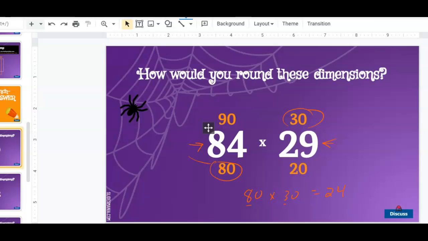This is just another shortcut for you to remember when you're multiplying by numbers that have zeros at the end: tens, hundreds, thousands. You multiply the first digits, 8 times the 3, and then count how many zeros you have. That's 1 zero and that's 2 zeros. You would just put the zeros over here. So I would estimate that to be 2,400.